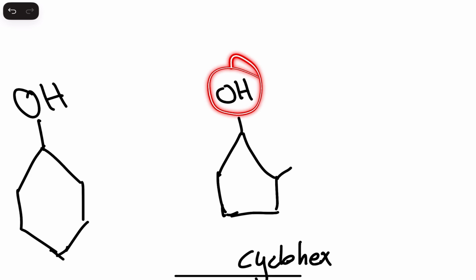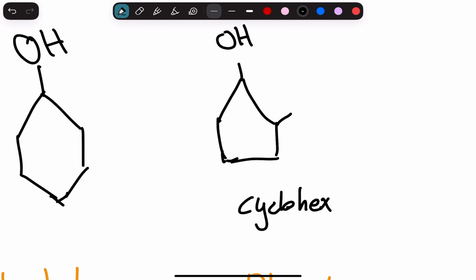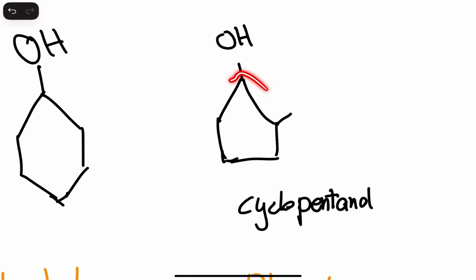And then we see the OH group, we know that it's going to be an alcohol. 5 would be pent, so it would be pentanol. So our parent chain would be cyclopentanol, and then our substituents that are attached to the carbons, we have our alcohol, which we already addressed, and then we have this one.